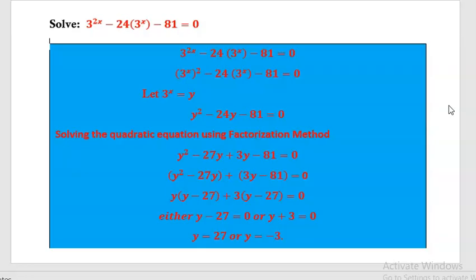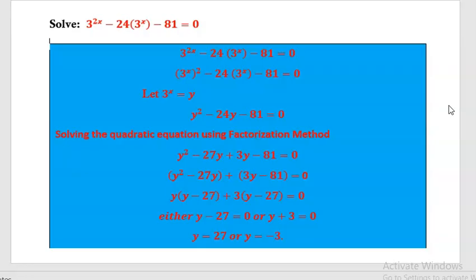So we are going to replace 3 raised to power x with y. So that second line will now become y raised to power 2, that is y squared, minus 24y minus 81 equals 0. You will see that that index equation has been reduced to a quadratic equation.